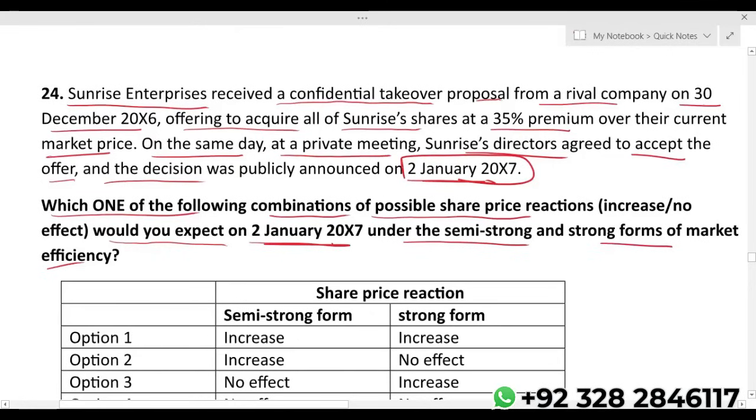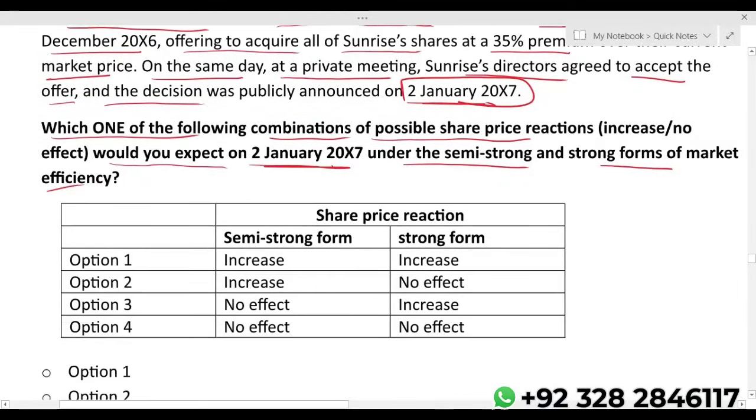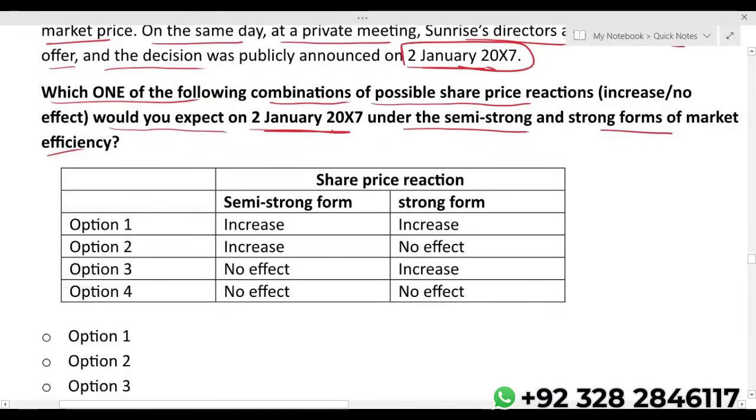Before the announcement, the effect of this information is already included in the share price, which means that if you announce today on 2nd January X7, it will have no impact on the share price, because the impact is already there from 30th December X6. So on 2nd January, there will be no effect in case of strong form. So we have got no effect.